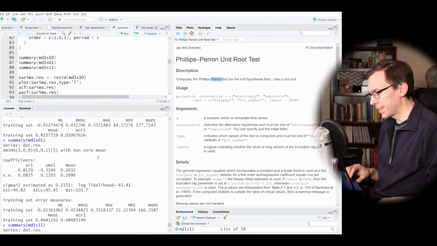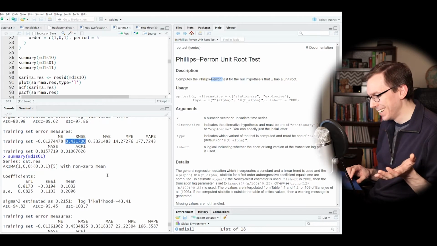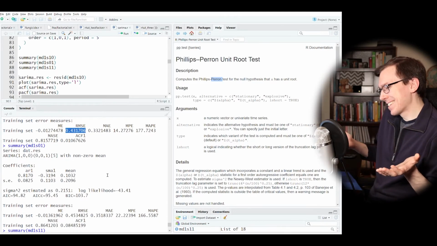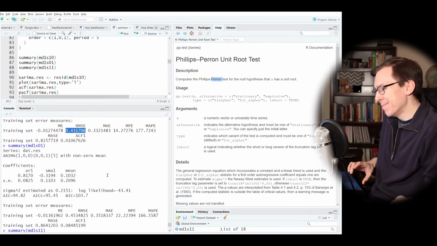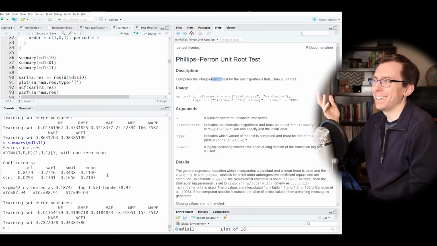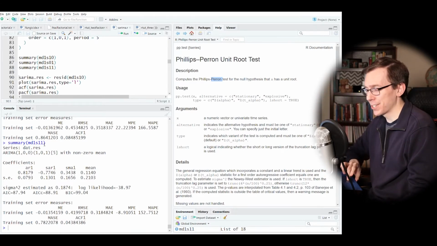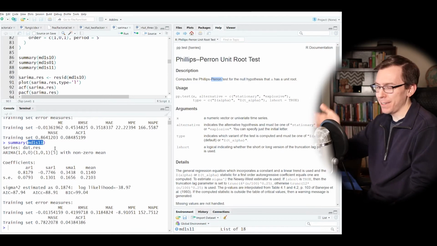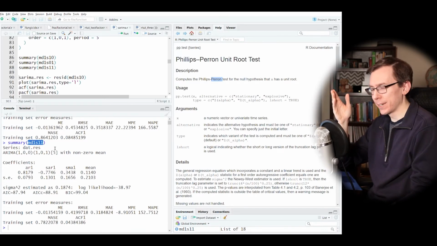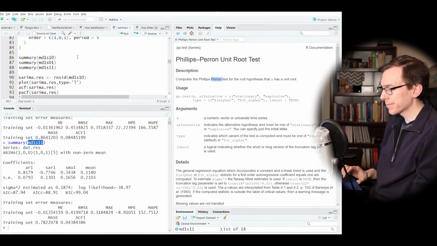If we go back up to that other one, we got a 0.43. So it's slightly worse, but not by much. Again, there's a bit of an art to this, and it's not always straightforward what the right model is to pick. So in this case, I'm going to decide that we'll stick with the seasonal ARIMA 1,1 model, and we'll go forward with that and see what we get.